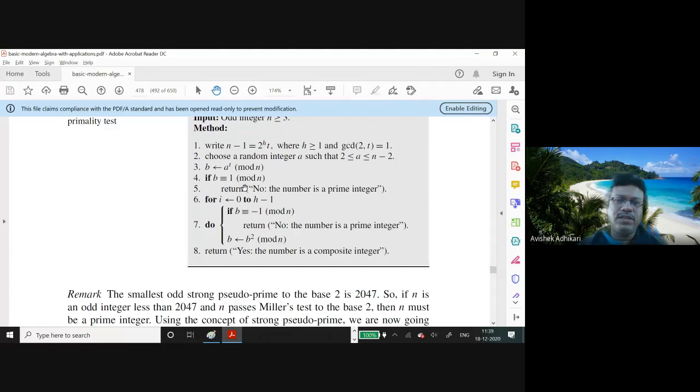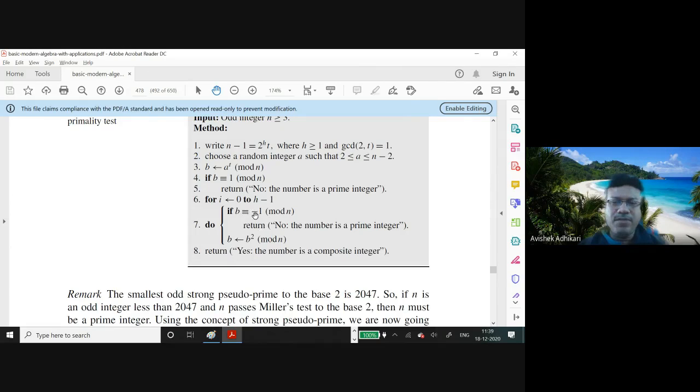Yeah, so it's just the algorithm. We have already started with b equals a to the power t. So b0 is already calculated here, right? So it starts with actually the last steps. So 0 to h minus 1 means h many squares it's making actually, and at the end it gives you the answer.